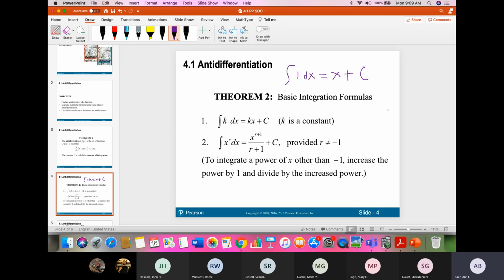Now, if I want to go backwards, this way is called integration. This right here, integration.